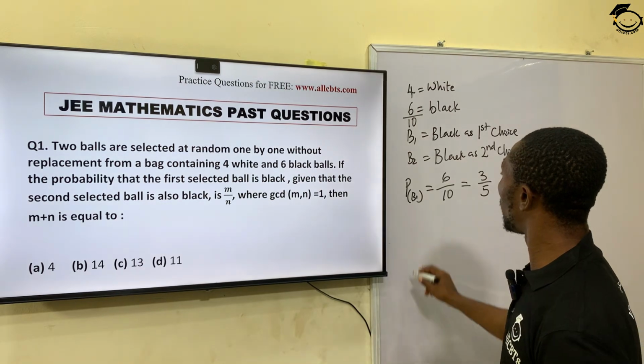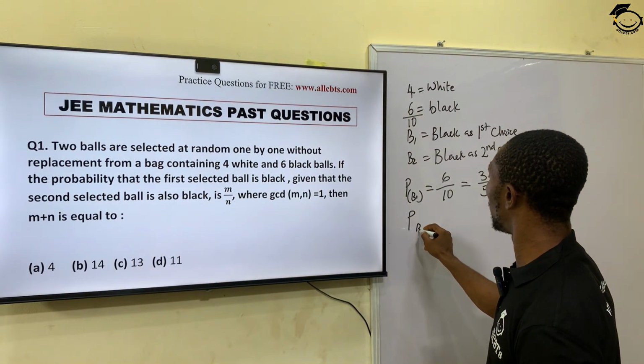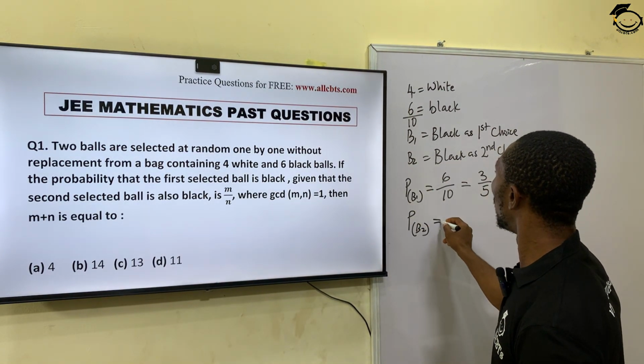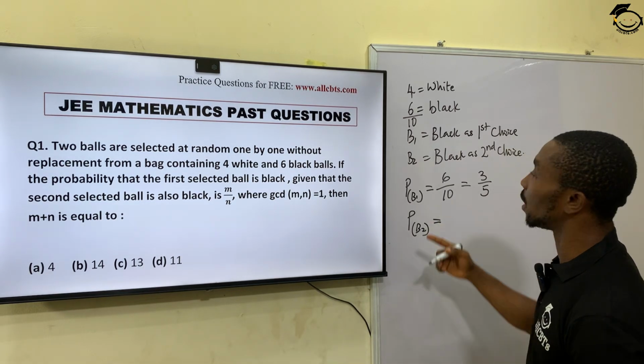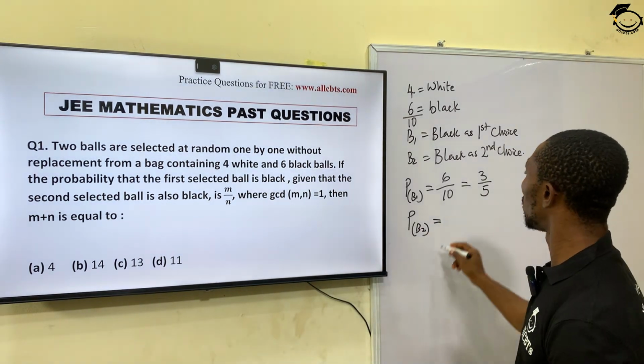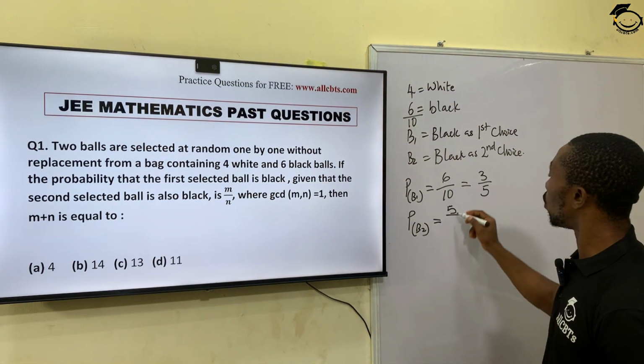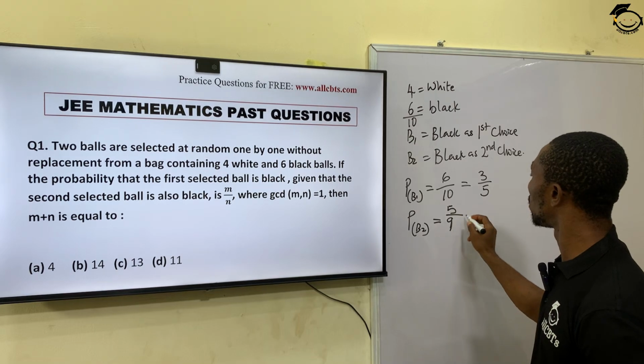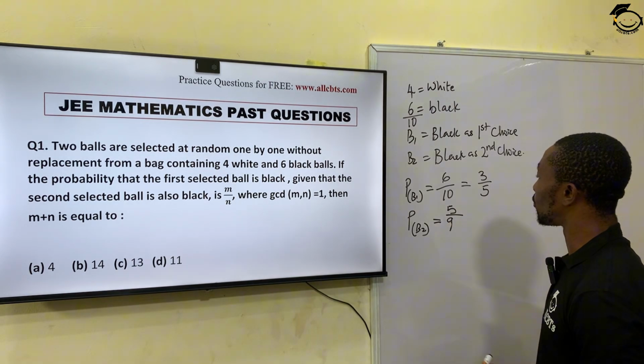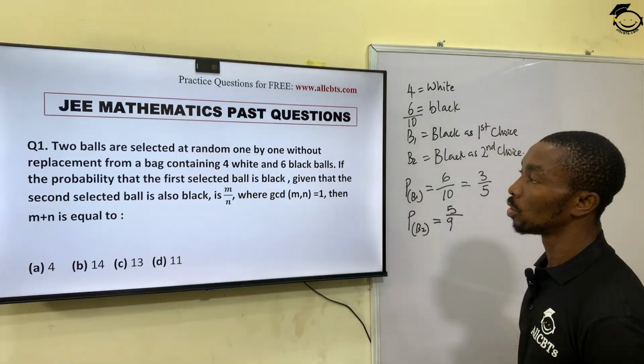And the probability of picking a black ball second will become, since it is without replacement, 5 over 9.